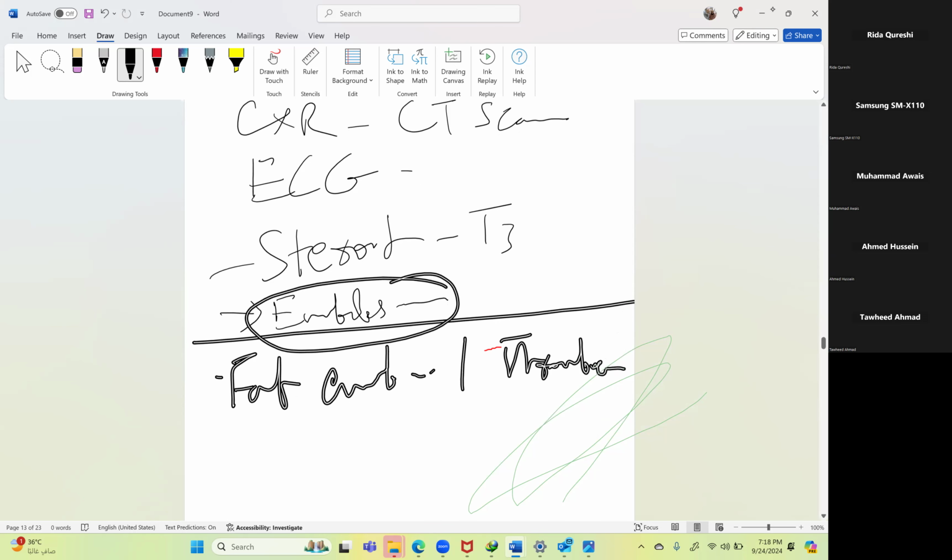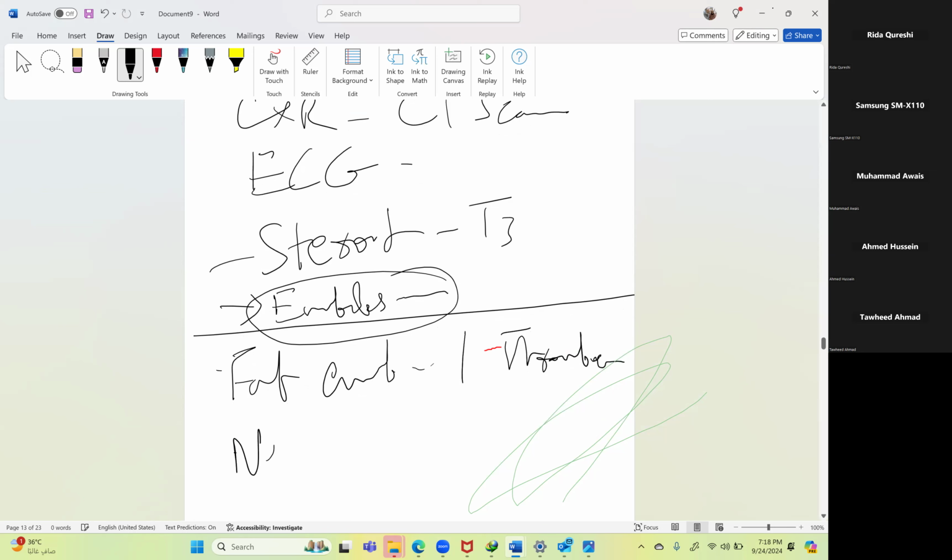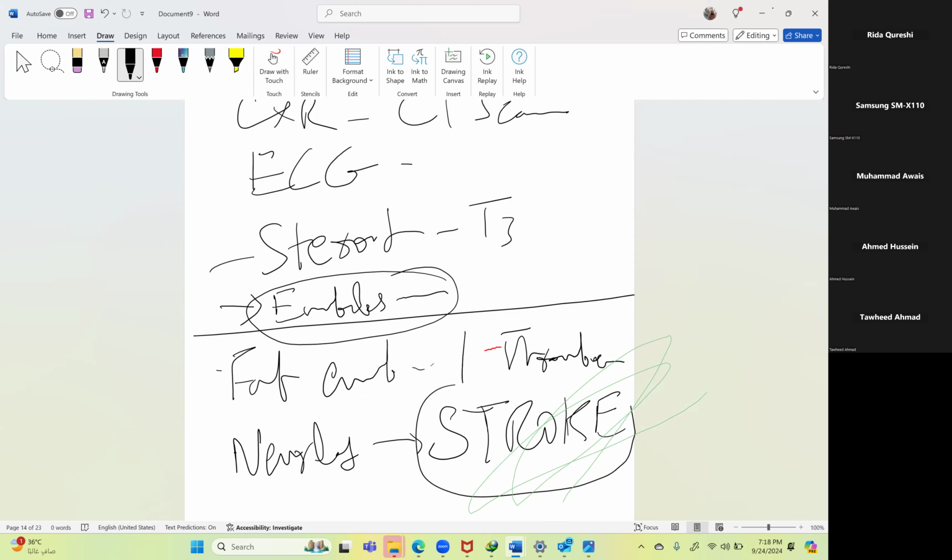With reference to neurology, remember one thing: you should not forget the word stroke code. Of course, there will be some neurological involvement, but as mentioned in the ACLS algorithm, you should consider stroke code and all the things related to stroke.